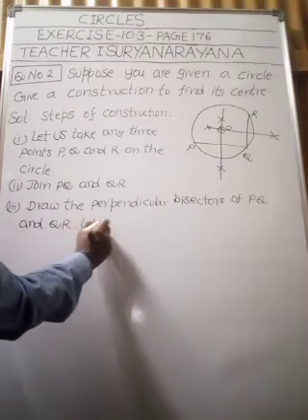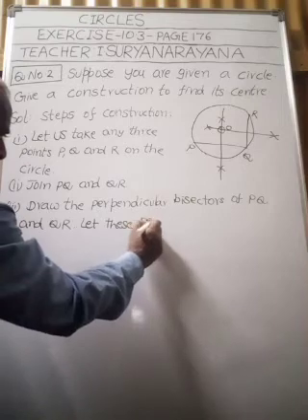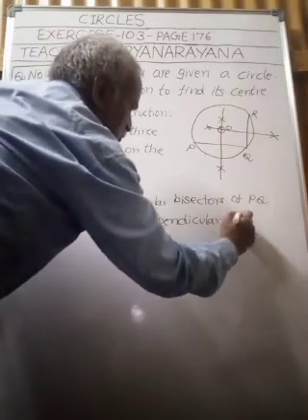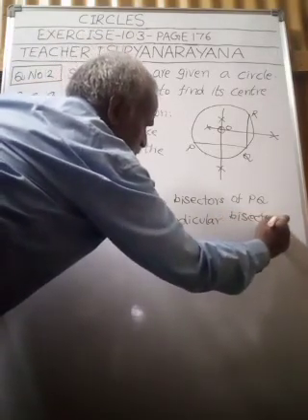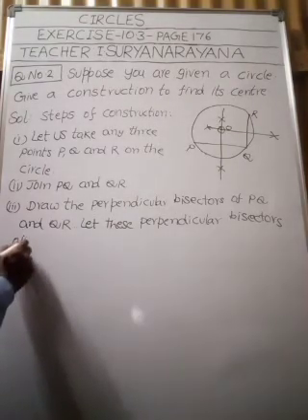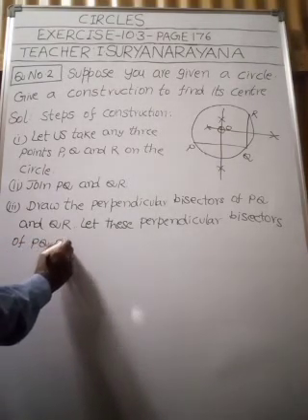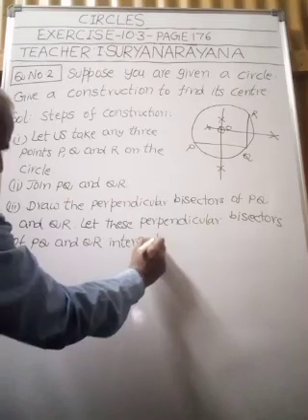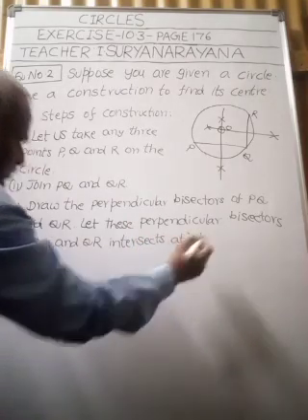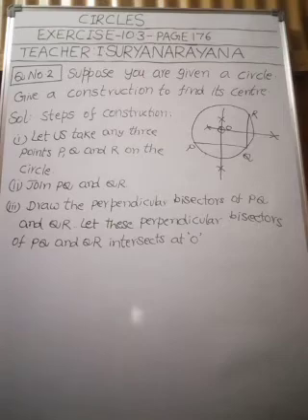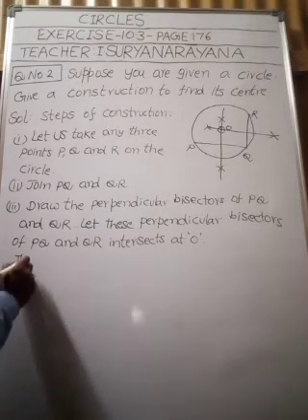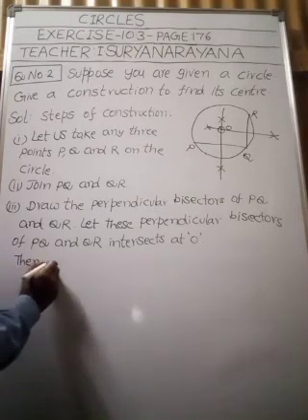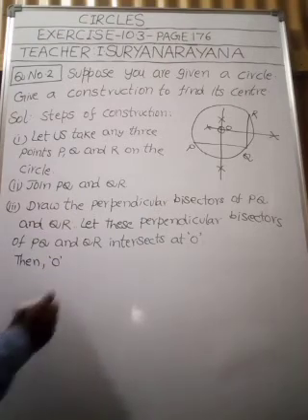Let these perpendicular bisectors of PQ and QR intersect at O. Okay, my children, this point O is the center of the circle.